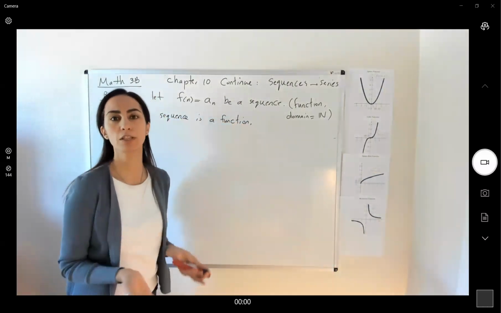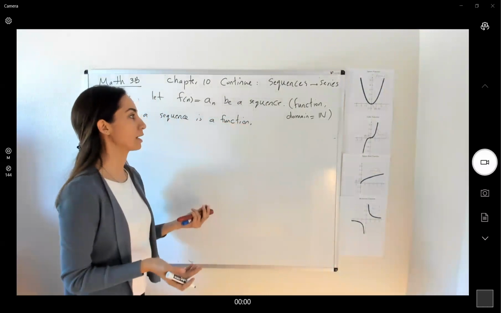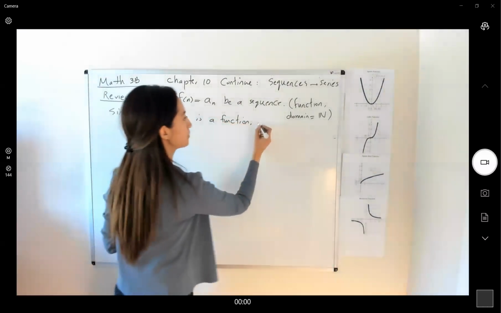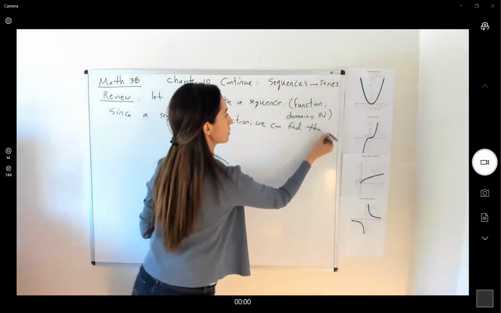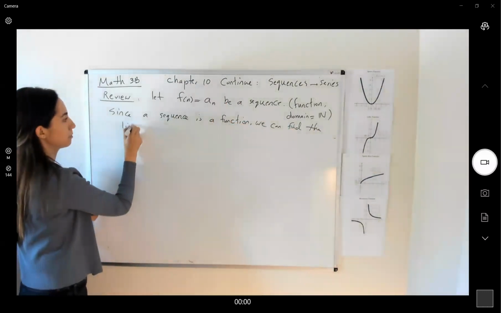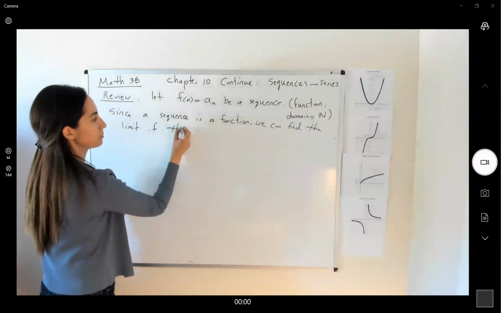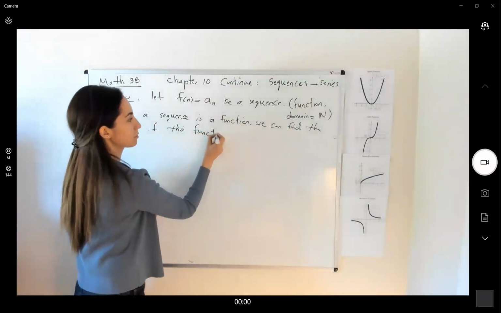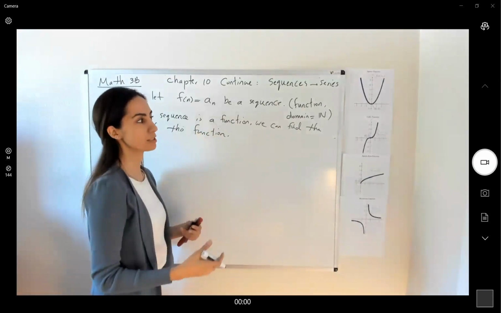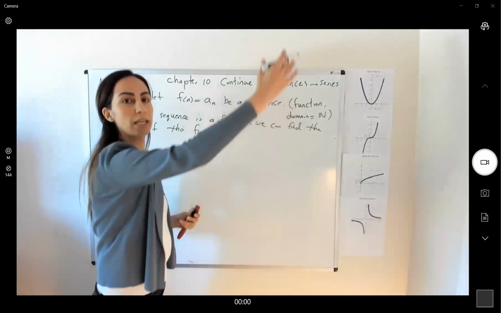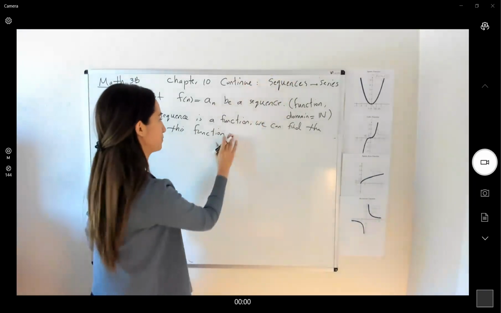we can find the limit of this function. We can actually graph this function. Especially we're interested in the limit at infinity. We're interested in understanding the end behavior of the graph of the function.